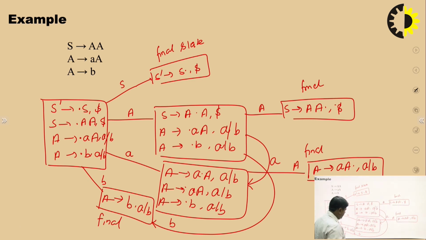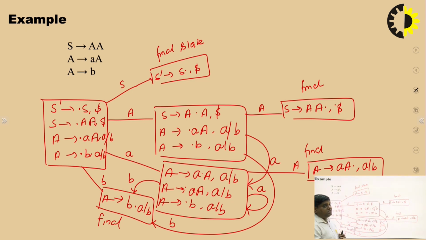A and B. For A, the same state, that is the self loop. And what is the B? This one, and no further exploration is allowed because all states have been designed and the DFA is designed.